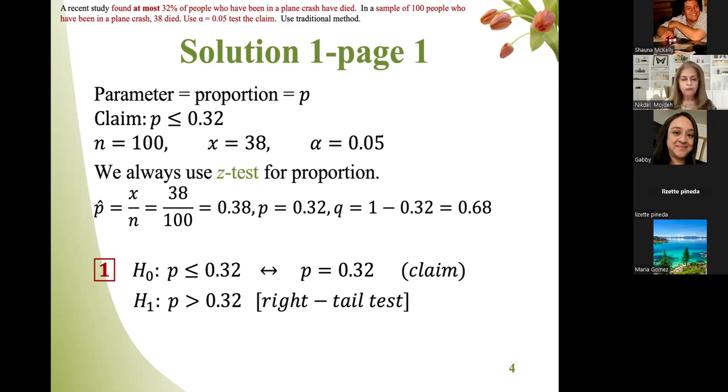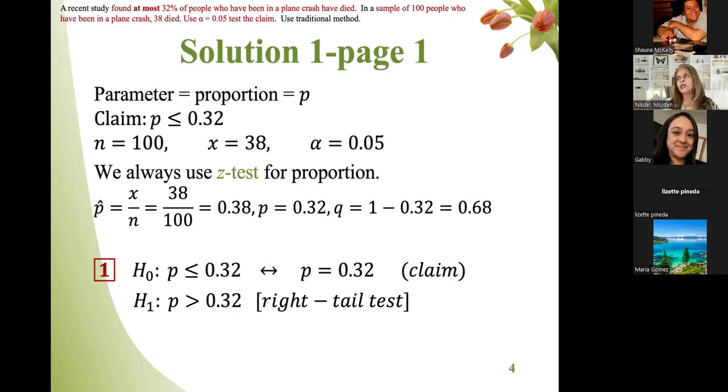We have that not just for p's, but also for the standard deviation and the means. Be sure that you're distinguishing those appropriately, especially here, because somebody else asked me about p for probability also. Context will help you as well. Usually the population proportion p is in the claim sentence.